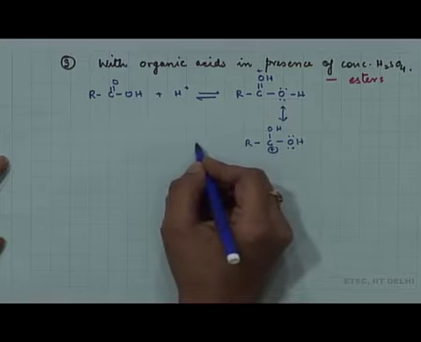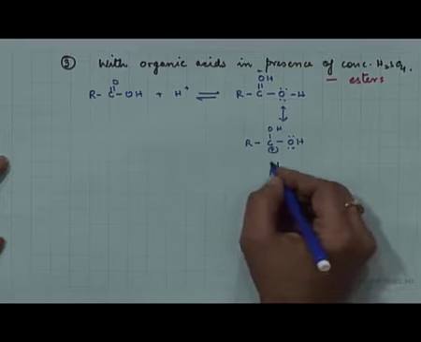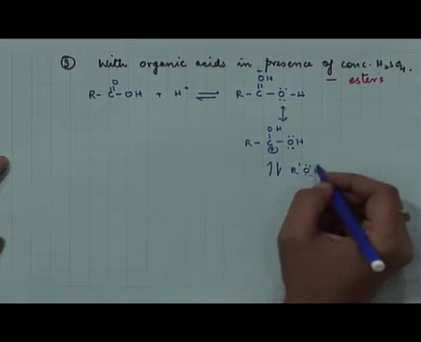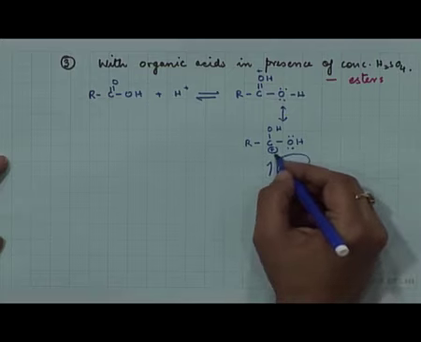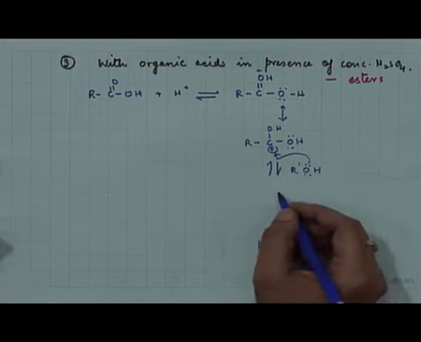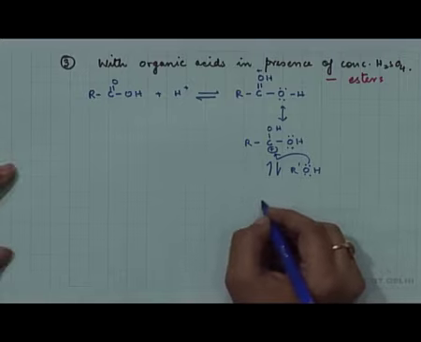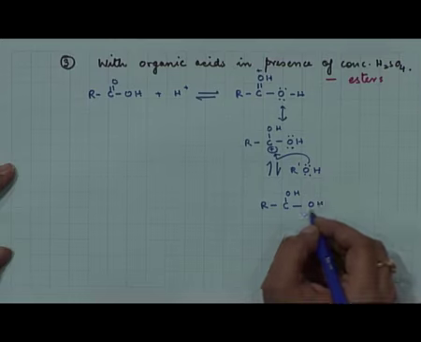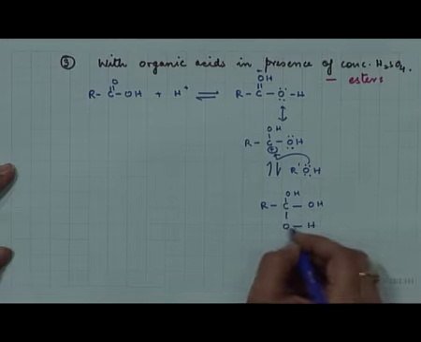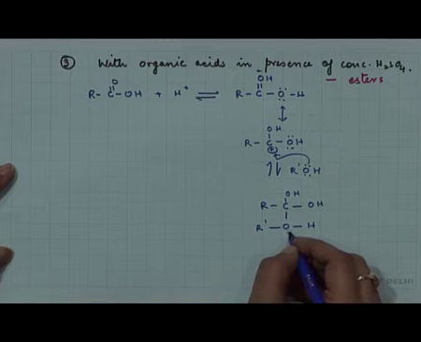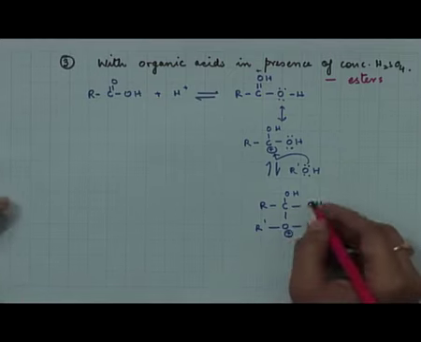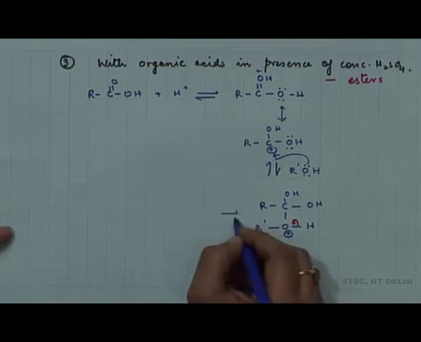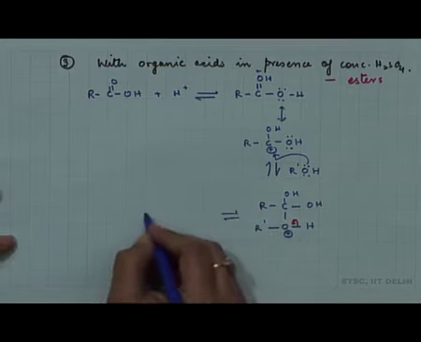So, the next step, it is again a reversible step and you have attack of the alcohol onto this carbonyl of the acid, and this gives you this, followed by loss of a proton from here, and you get this species.